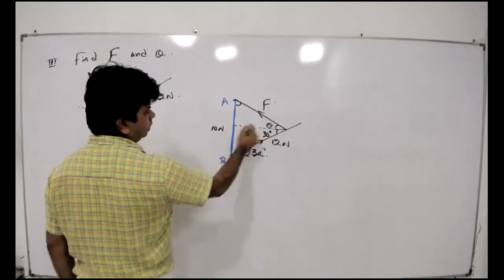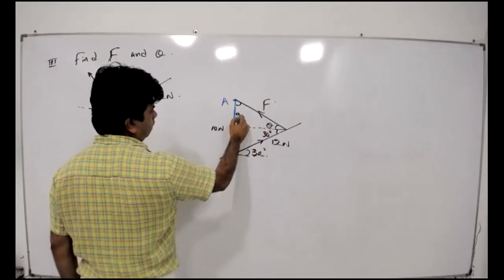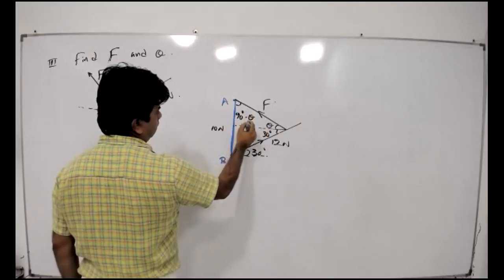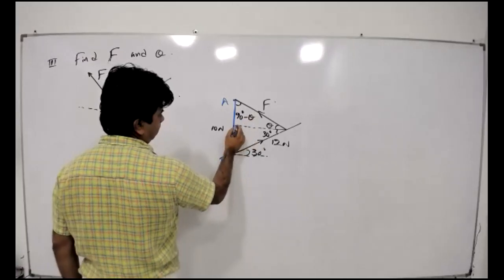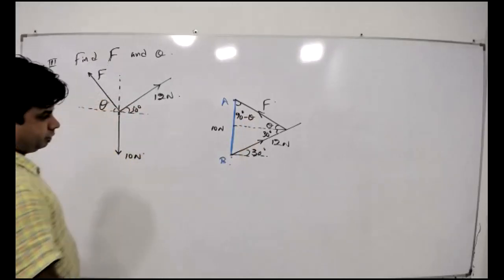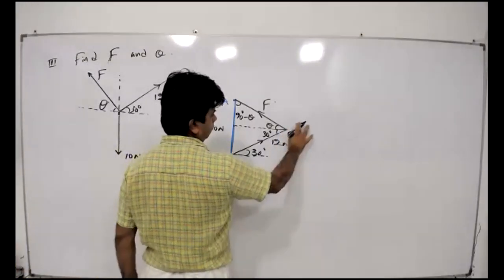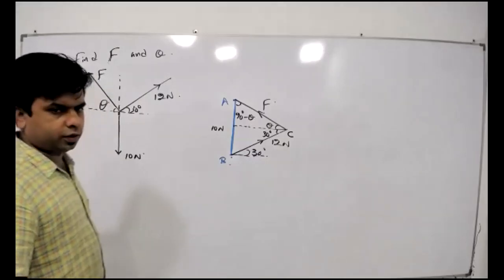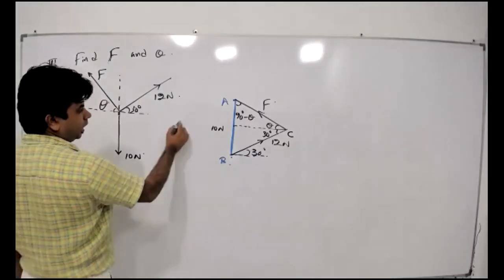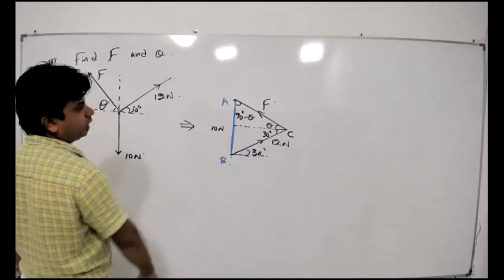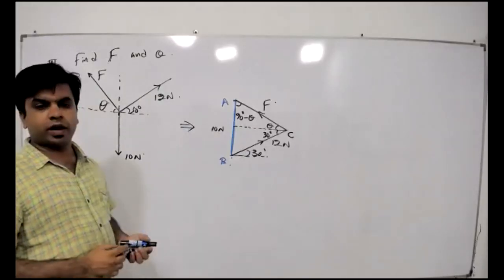So you know that this is theta means this is 90 minus theta. Right? ABC. Understand that this is a scale drawing that is called a force triangle. Okay?